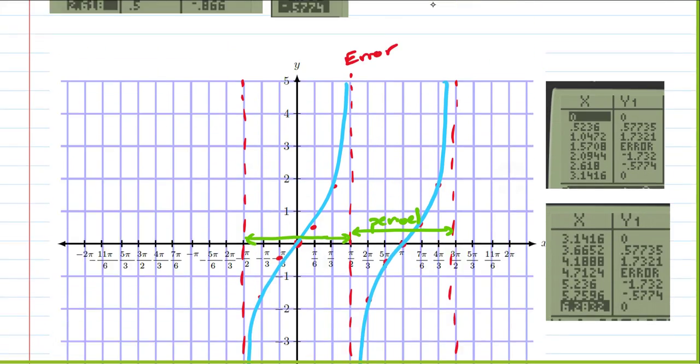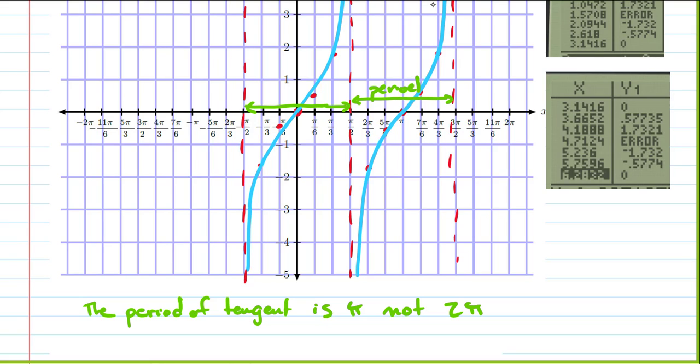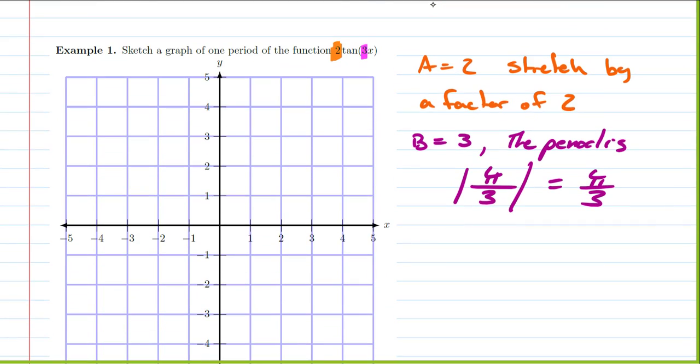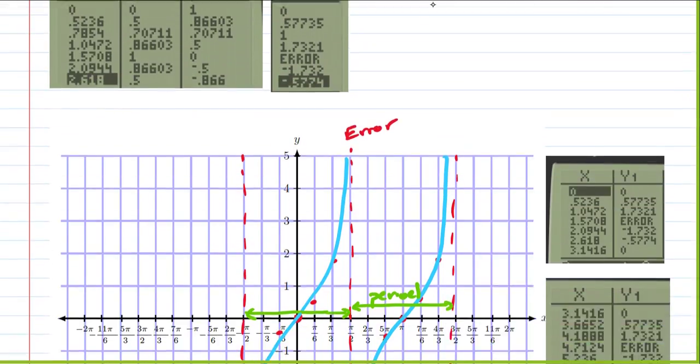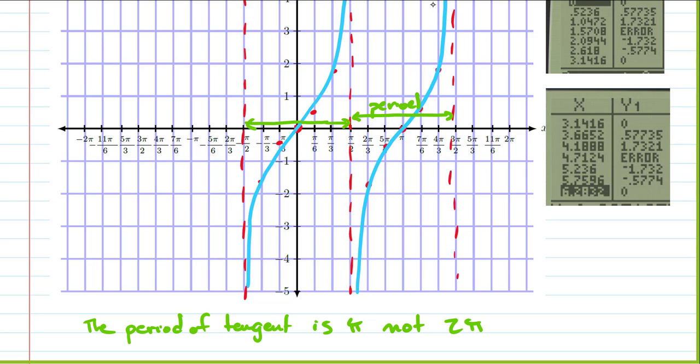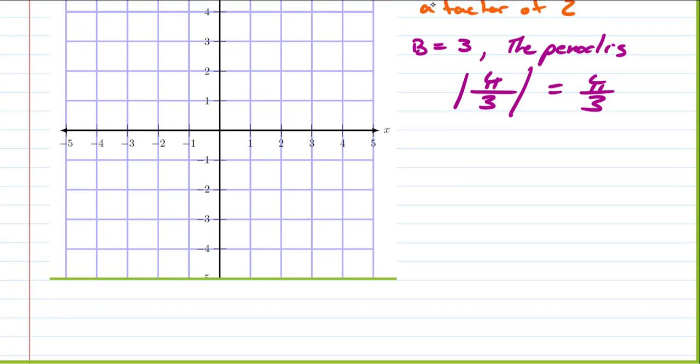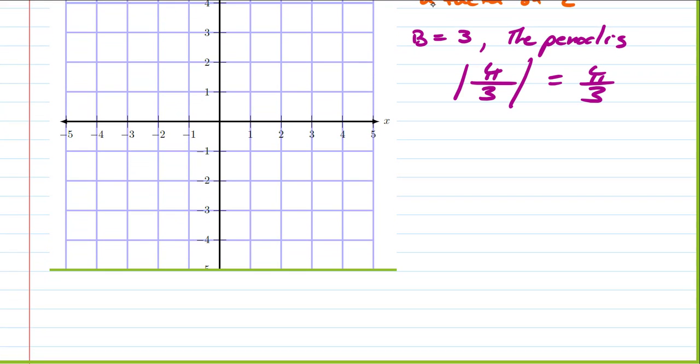So going back to look at our graph, our period used to go from negative pi over 2 to positive pi over 2. Well, if our entire period is pi over 3, that means it's going to go from where to where. Here, my period was pi, and it went from negative pi over 2 to positive pi over 2. So if our period is this, we're going to divide it by 2.